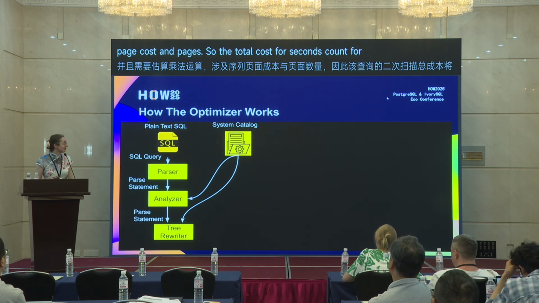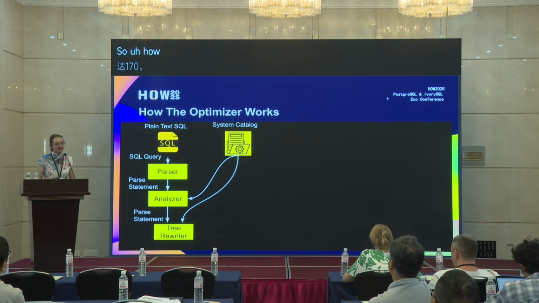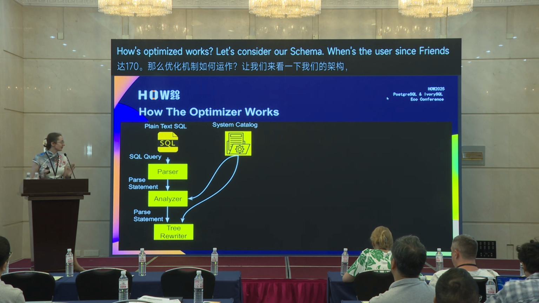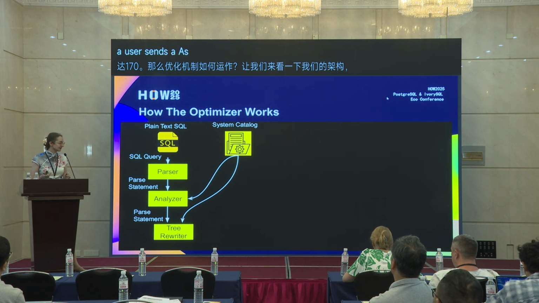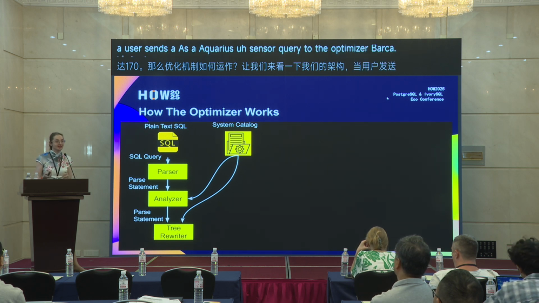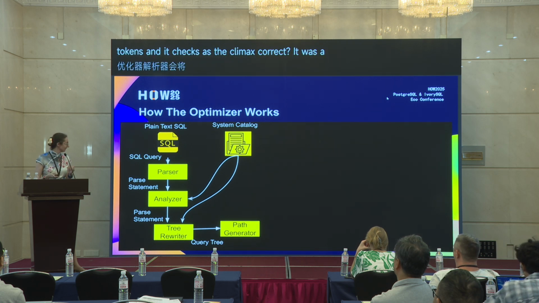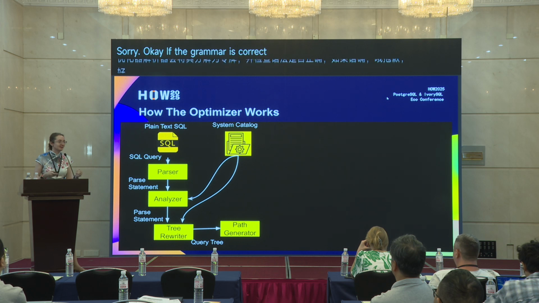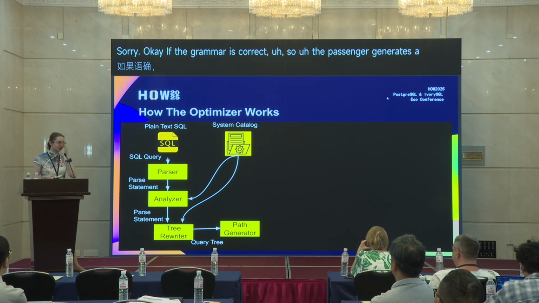So how does the optimizer work? Let's consider our schema. When the user sends the query to the optimizer, parser splits it into tokens, and it checks that the grammar is correct. If the grammar is correct, the parser generates a parse statement and sends it to analyzer.